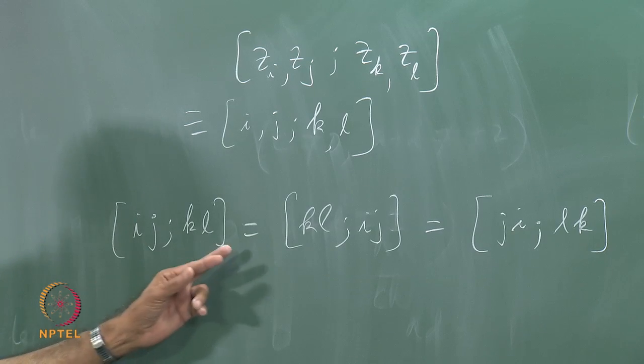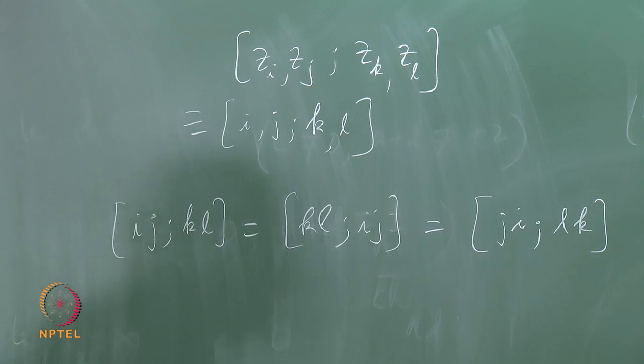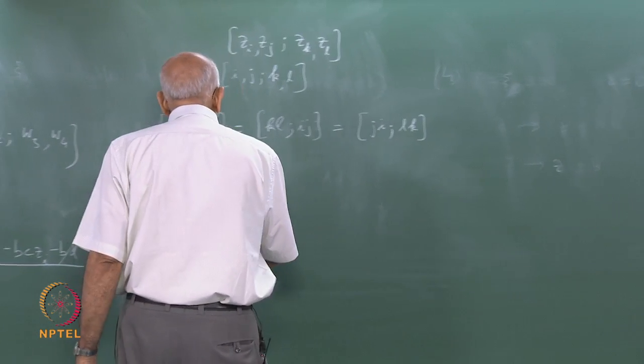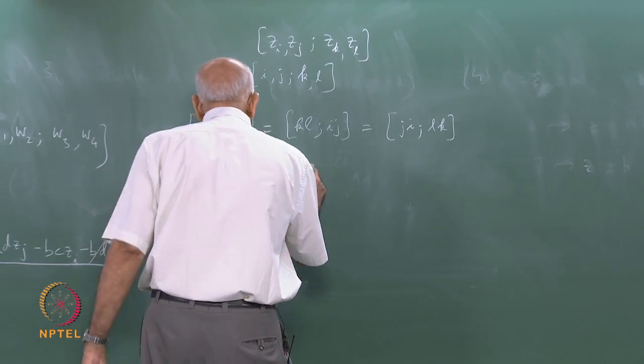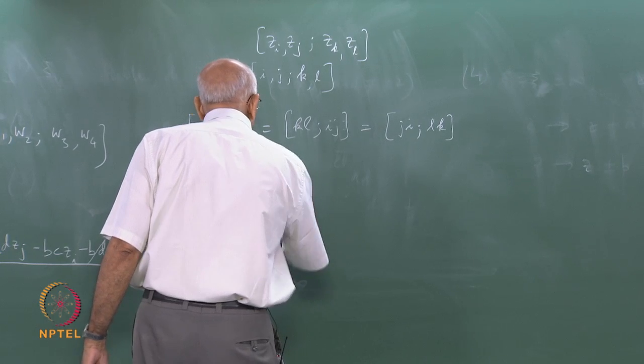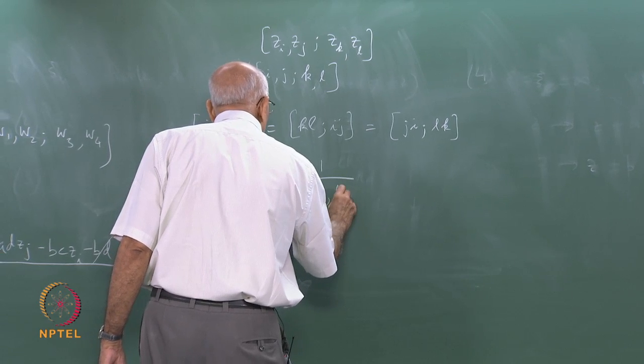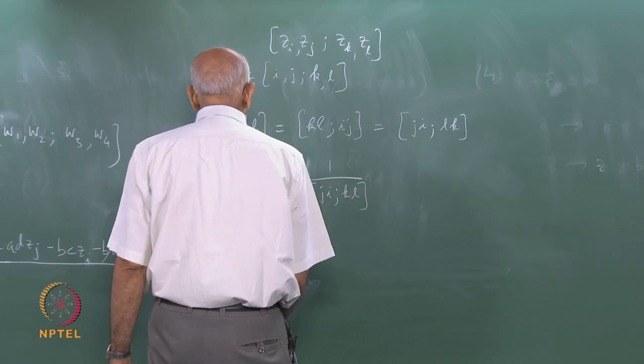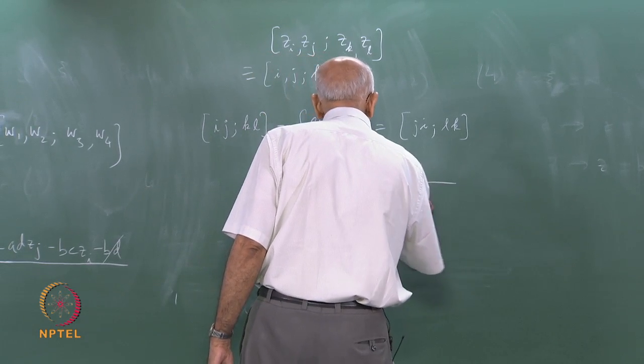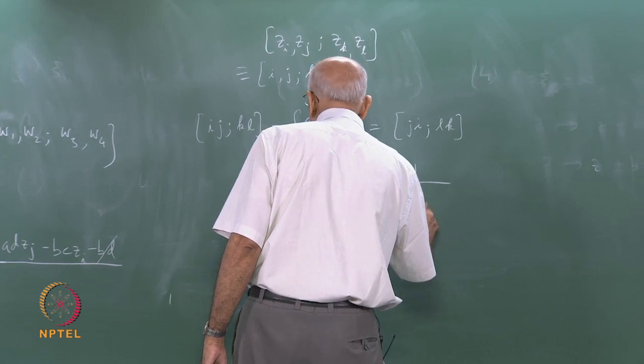If you flip these two and flip these two, it does not change at all. It is also equal to, if you flip just one pair, 1 over (jikl), equal to 1 over (ijlk).